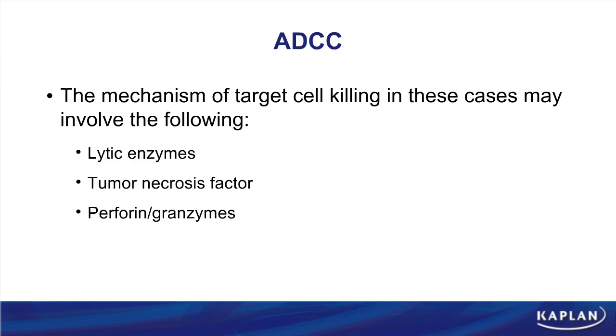If the natural killer cell is killing in a truly innate fashion, it's through lack of expression of class 1 MHC, but in the case of ADCC, we actually have an antibody that has to be IgG that's bound to a target cell. Its Fc portion binds to an Fc receptor on the surface of one of the cells that we just mentioned. So let's take a look at what that looks like.